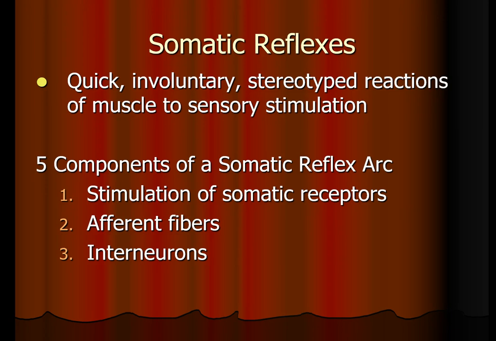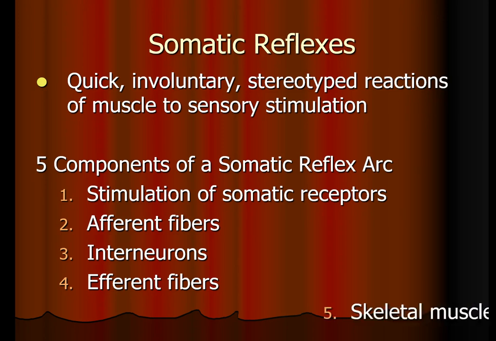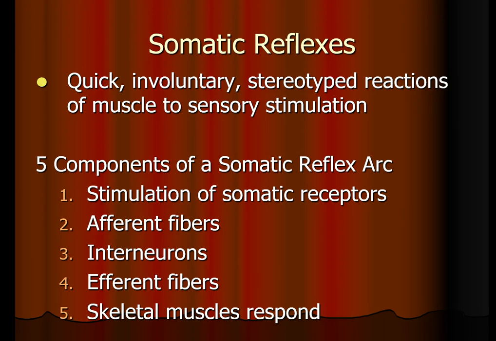The interneurons integrate that information, process it. They send the response back out on efferent fibers, motor fibers. Since it's a somatic reflex, the effector is going to be skeletal muscle, and the reaction, whatever it is, takes place. In the knee-jerk reflex, the quadriceps contract. Okay?